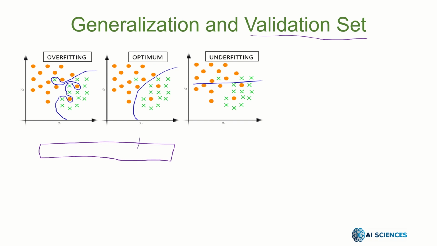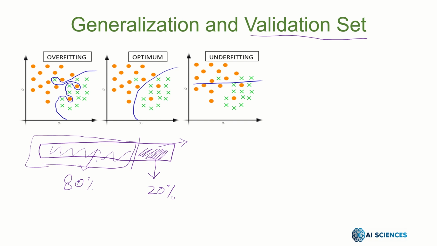What people do is keep a fraction of the data out, let's say 20%, or maybe this percentage is debatable. They remove some percentage of the data from the actual set and work only on the rest of the data, let's say in this case 80%. So they train their model and set all their parameters on this 80% of the data, which is called the training data.